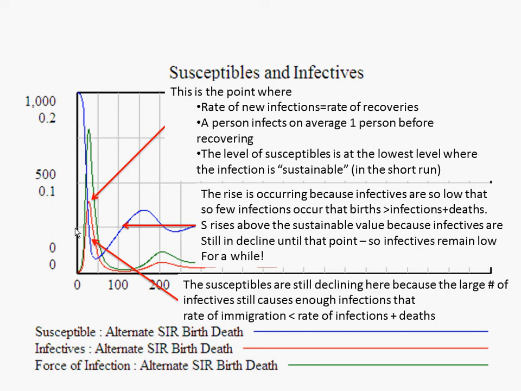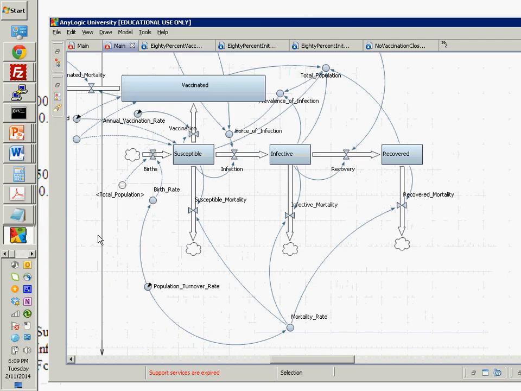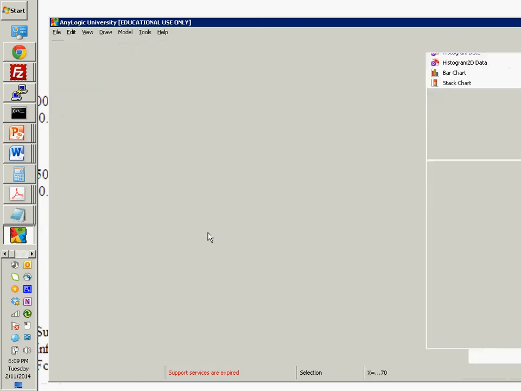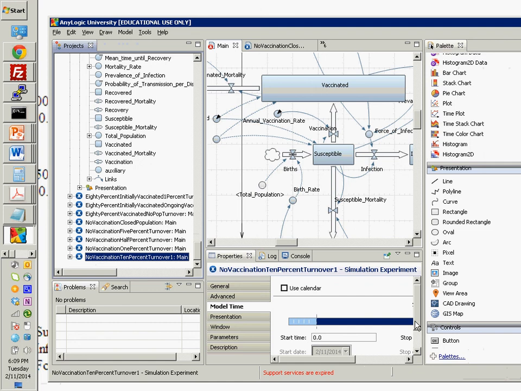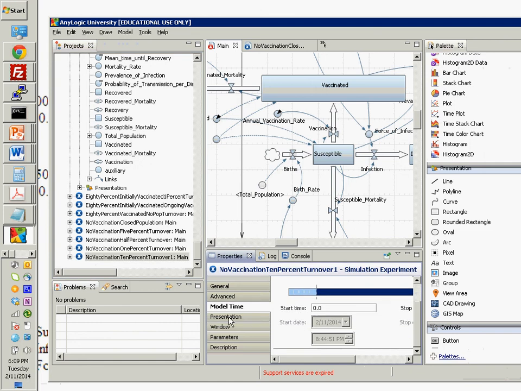Do you remember this occurred when we had very low rates of immigration? That's what allowed it to go down to this very low level and to build up slowly, and that's what allowed that equilibrium to occur. If we had very high rates of turnover, the delays are far less. So if we have, for example, 10% turnover, we'll go to parameters here, make sure it's 10%.